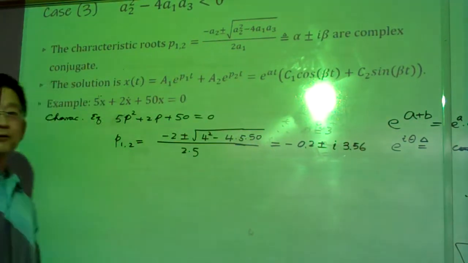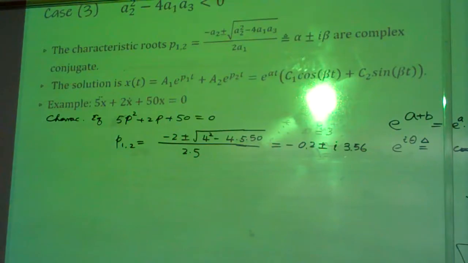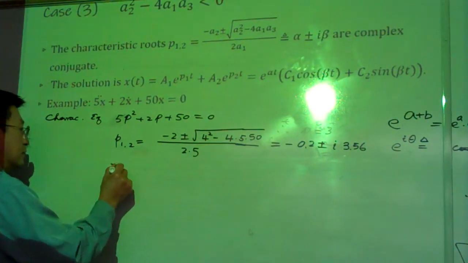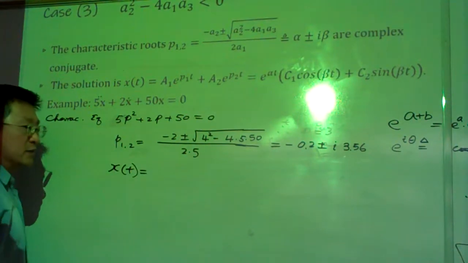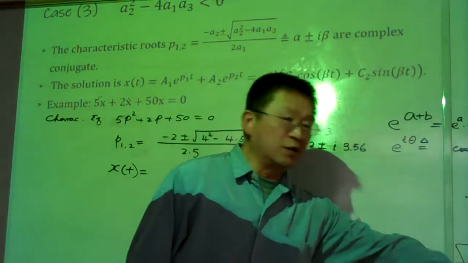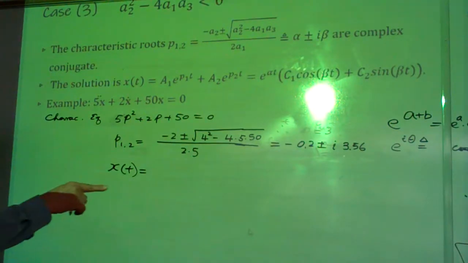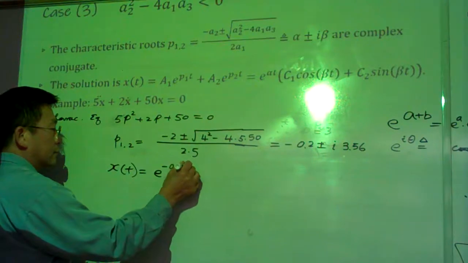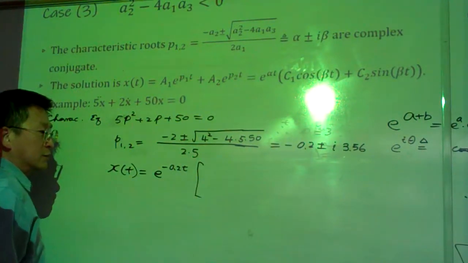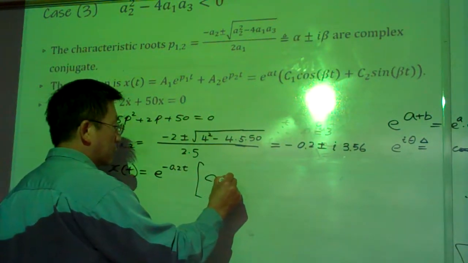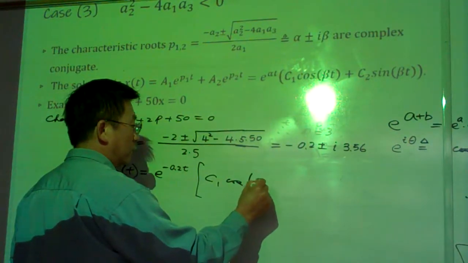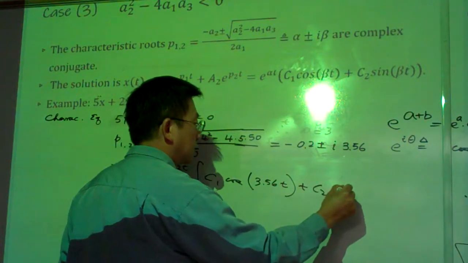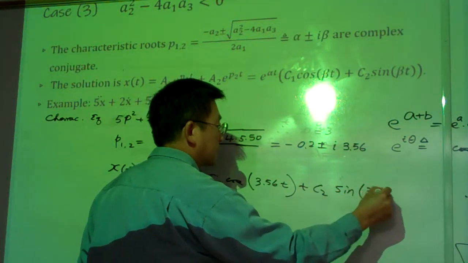I have some calculation ready, so I simply pick up my numbers here. Therefore, from here you can see x(t) is e to the alpha t, where alpha is minus 0.2, multiplied by c1 cosine beta t, with beta 3.56, plus c2 sine 3.56t.